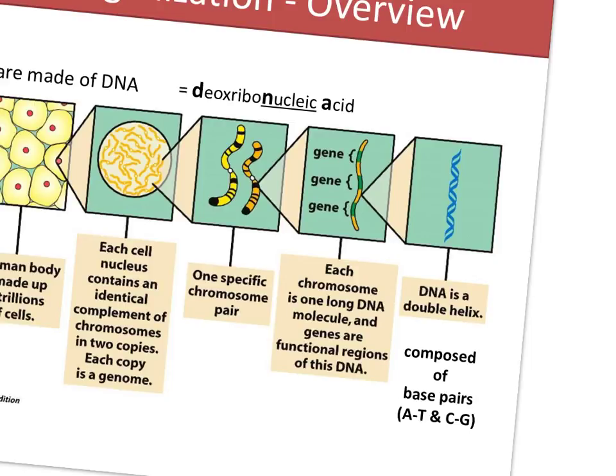So A is adenine, T is thymine, and then C and G, cytosine and guanine, always pair. So you never have a situation where you have an A and a C as complements. We'll look at the DNA structure on the next slide.